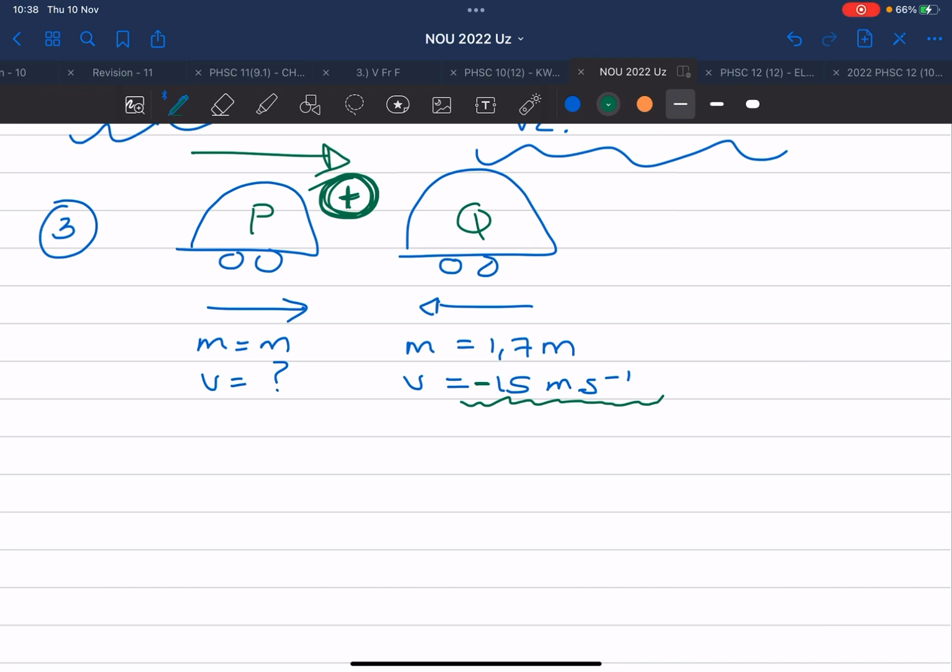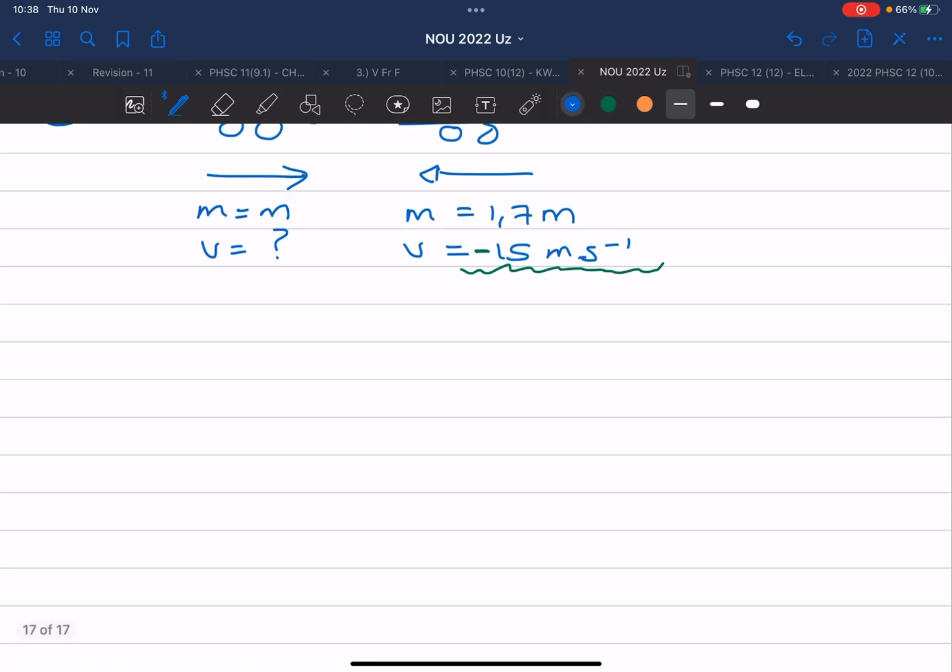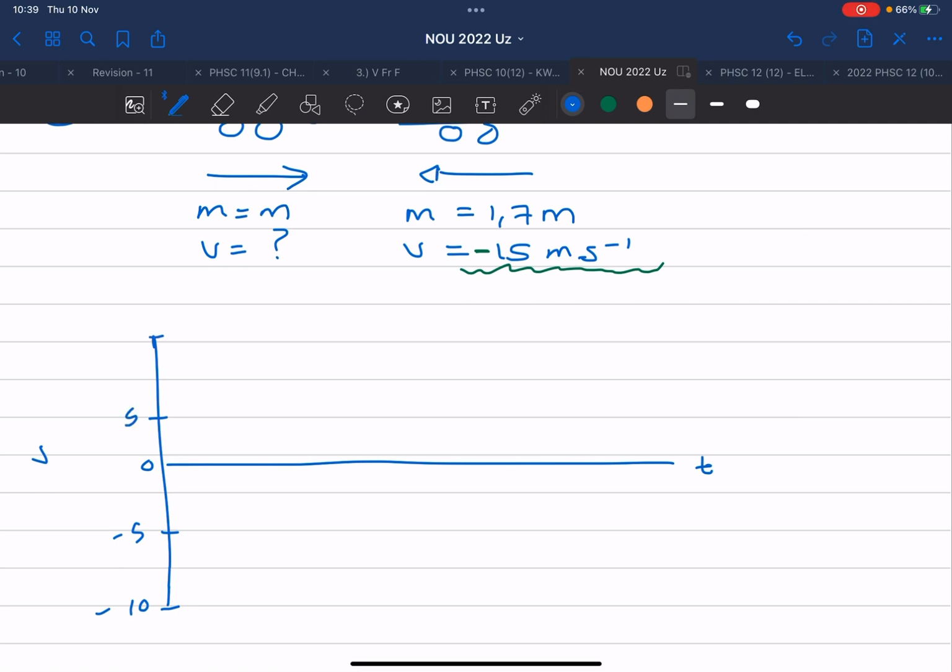Now, if you look at the graph, as jy na die grafiek kyk, I'm quickly just going to redraw it. It gives you velocity versus time. En jy het 0 en 5 en 10. And the graph looks like this.